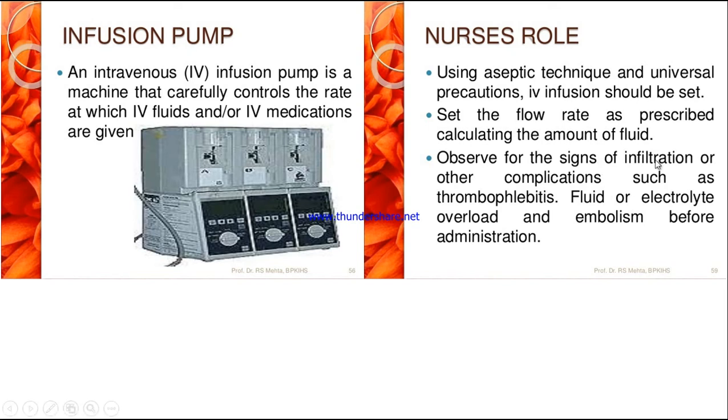Observe for any signs of infiltration or other complications such as thrombophlebitis. We have to check if the cannula has disconnected or come out from the vein, or if there is any swelling or redness at the cannula site. Fluid or electrolyte overload and embolism should be checked before administration.